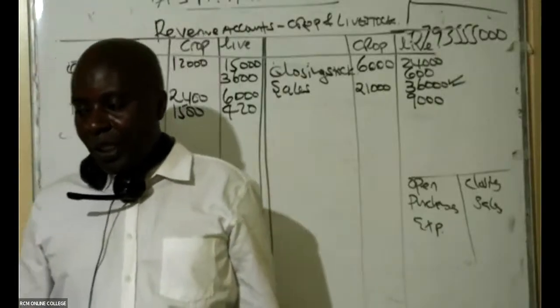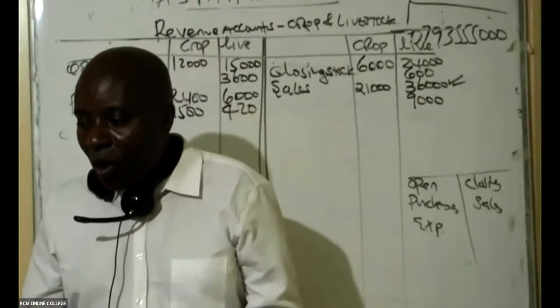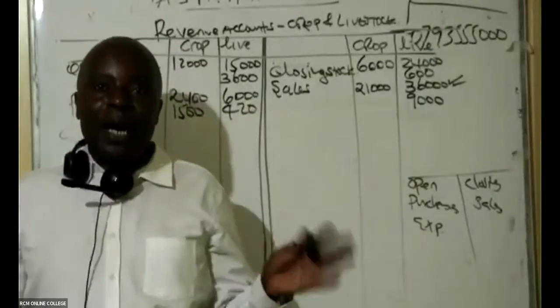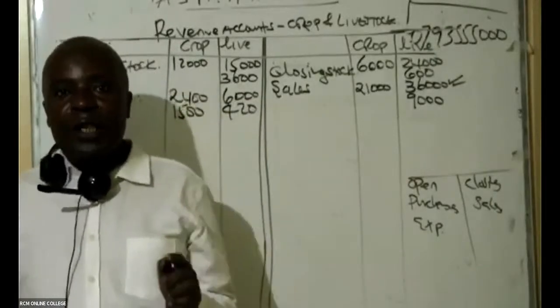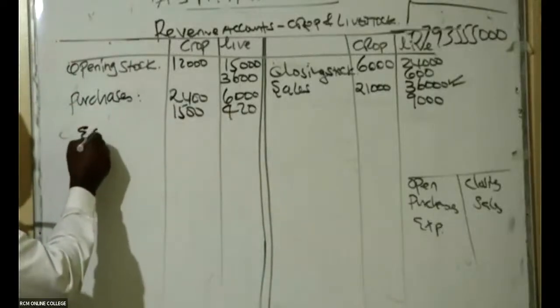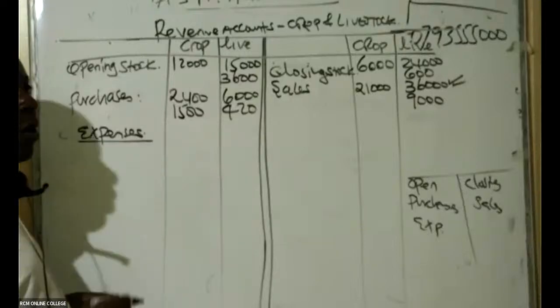Ladies and gentlemen, now I've done what we call the obvious. So here I've earned some obvious marks. After doing this, we shall be able to come and detail all our expenses.